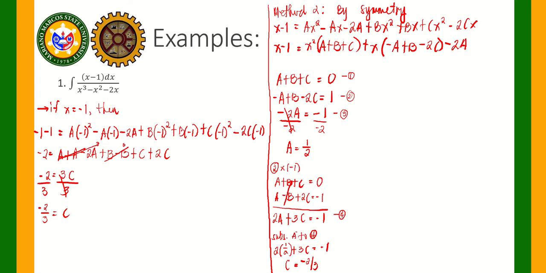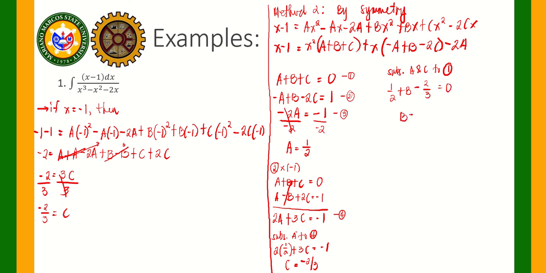Okay? And then now we solve for B. So how do we solve for B? Gamitin na lang natin si equation number 1. So substitute A and C to equation number 1. So this will be equal to A, ano si A, that is 1 half plus B minus 2 over 3 is equal to 0.